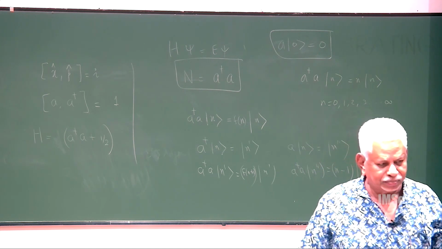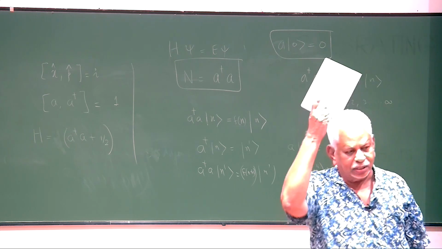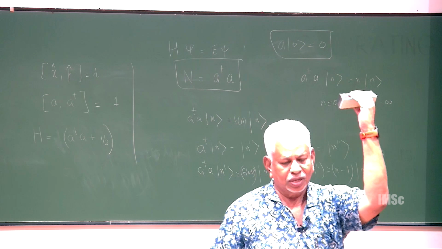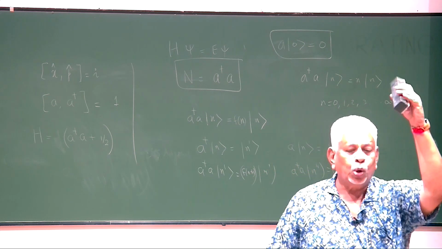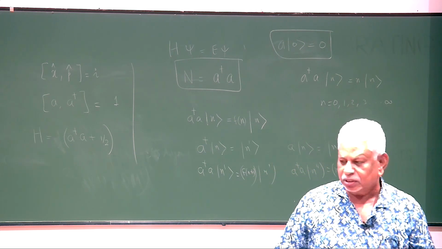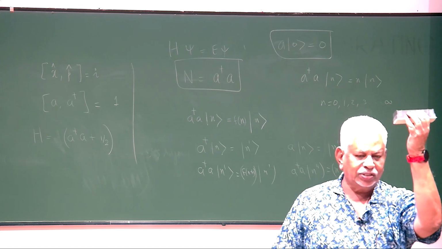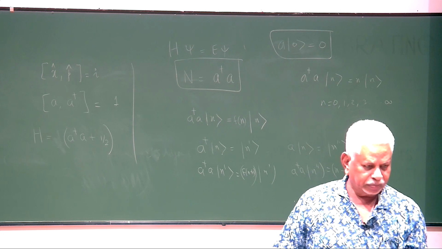You can't go below that. So this operator, A dagger, is called the raising operator. It raises. And A is a lowering operator. They are called ladder operators. In the ladder, one is raising and another is lowering.